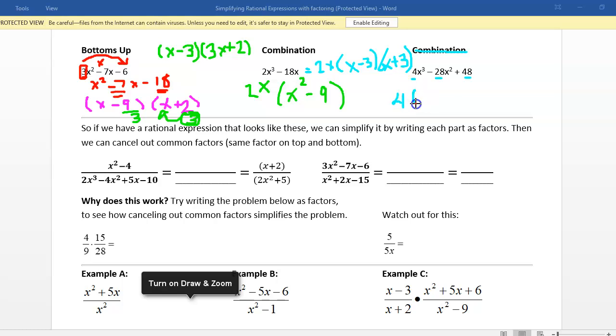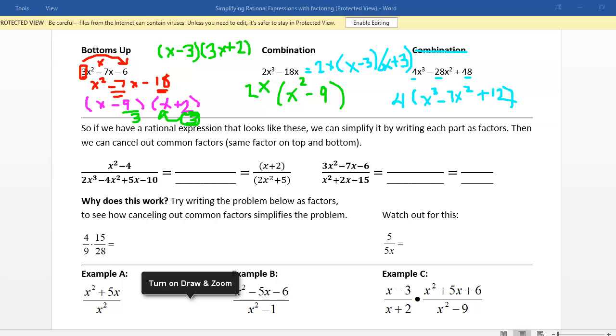Let's think about what we're left with once we take out a 4. We're left with x cubed minus 7x squared plus 12.